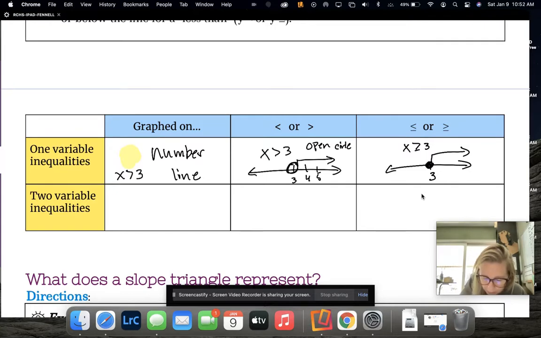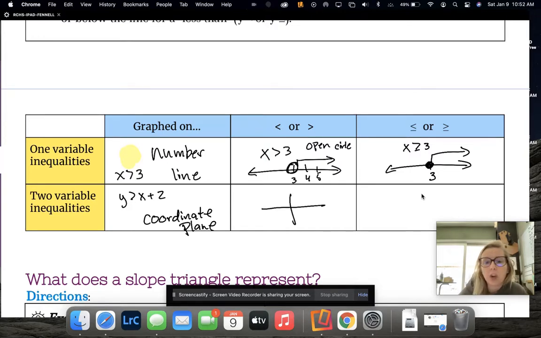Two variable inequalities would be something like y is greater than x plus 2, right? So that is, I see two variables there. I see an x and a y. We graph those in the coordinate plane, right? So on a graph, like in the grid, the coordinate plane. So that's going to look like that.